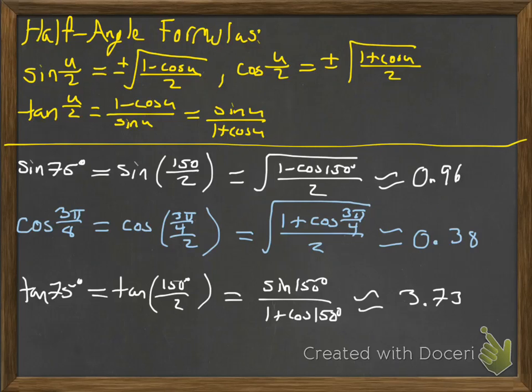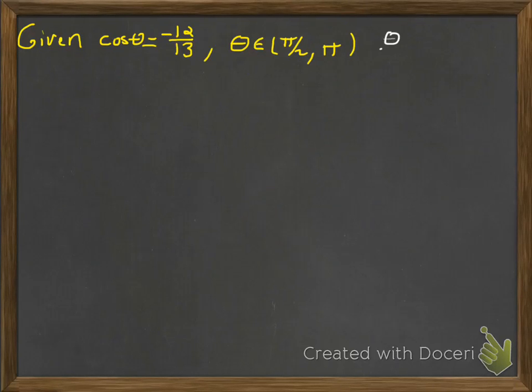Okay, let's look at some more applications here. So let's say that we're given that the cosine of theta is negative 12 over 13, and theta is going to be in quadrant 2, which means it's going to be between pi over 2 and pi. Okay, and so then if we look at the half angle, we would just divide that by 2.